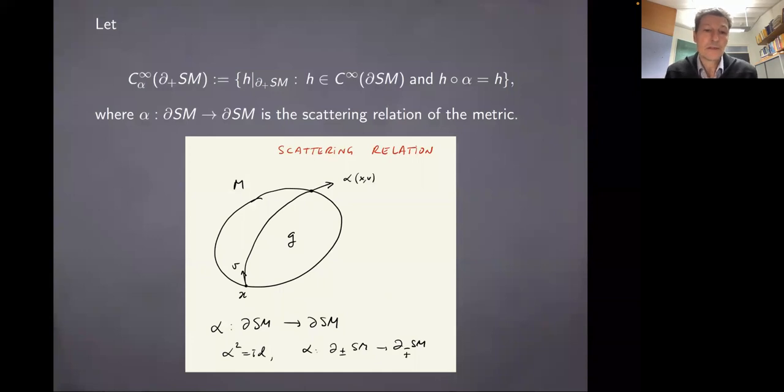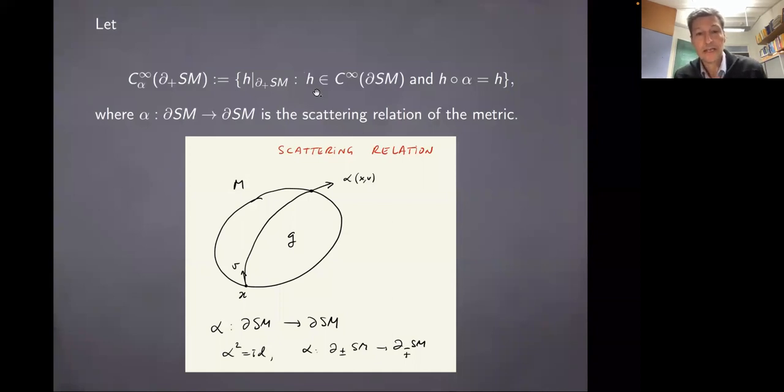Now, using the scattering relation, you can look at this very special set of functions on the influx boundary, which are the restrictions of functions on the whole boundary of the unit tangent bundle that are invariant under the scattering relation.